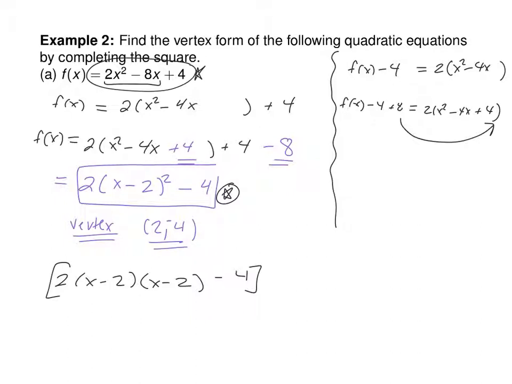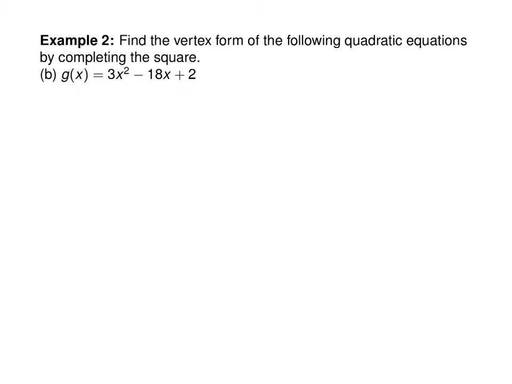All right, let's try another one. Okay, so same idea. Take the greatest common factor out of the terms that have x's. What is that? 3. 3 times x squared minus, is that 6x? Leave the space.